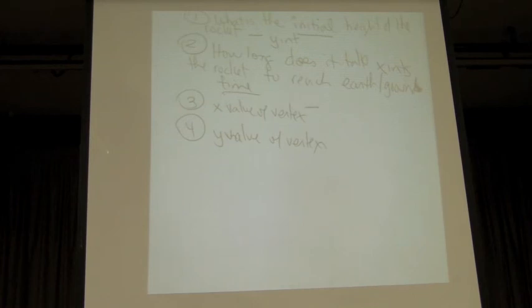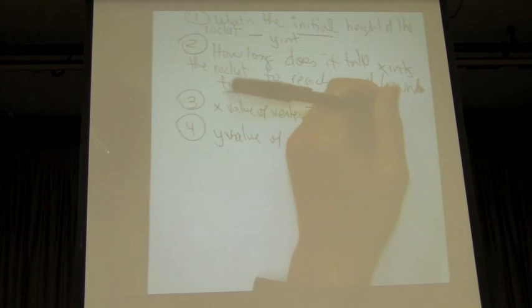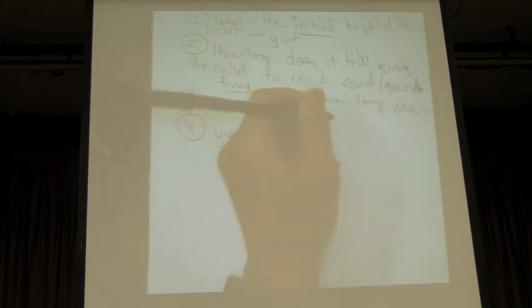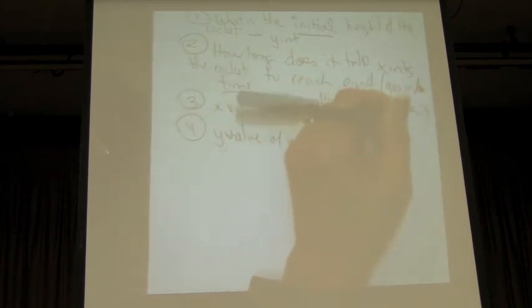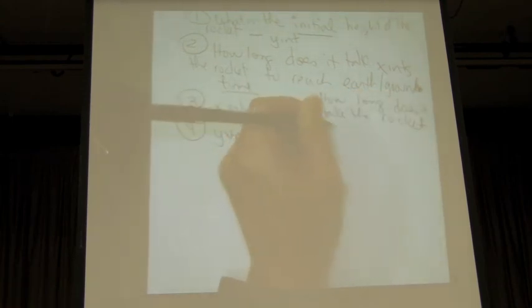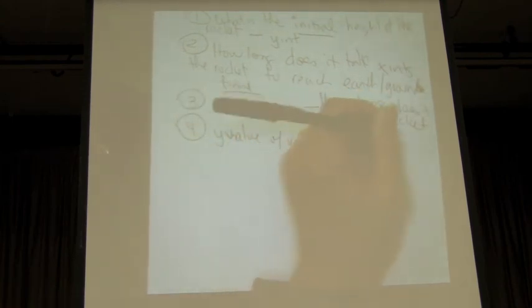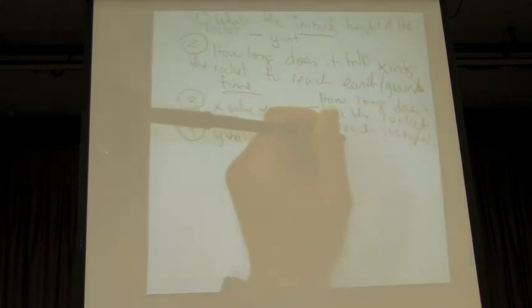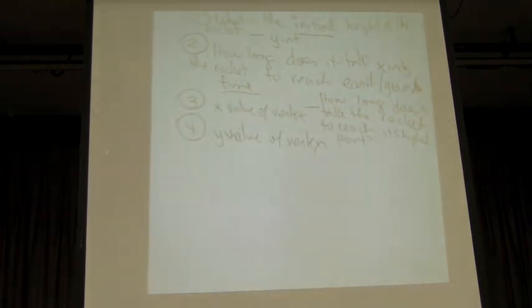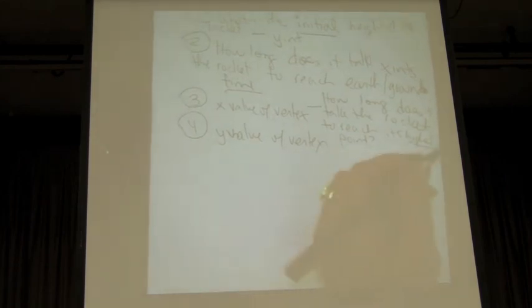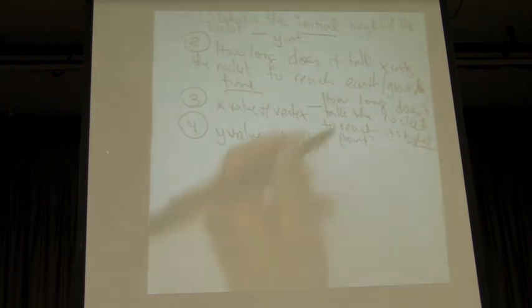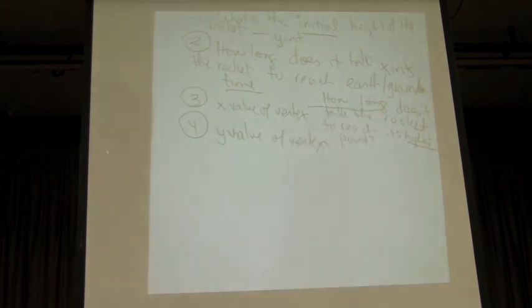How long does it take the rocket to reach its highest point? Get it? What did you hear in the question? Highest. What else did you hear? How long? That means time. That means x, highest point. X value of the vertex.